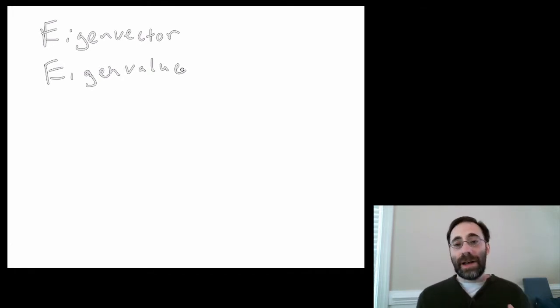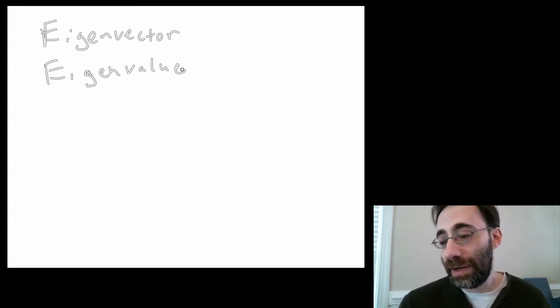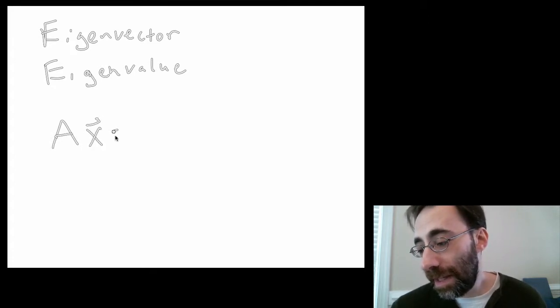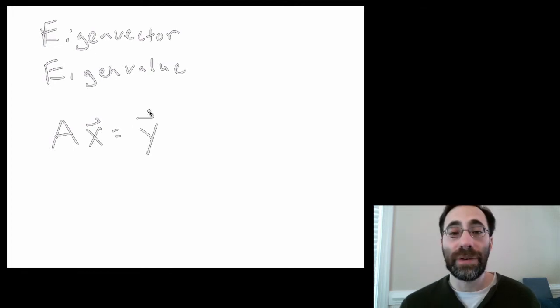Okay. Now, to understand what the intuition is behind these things, we have to sort of imagine what matrices are used for in general. So recall that a matrix can represent an operator that takes some vector into another vector. So here in general, you might have some matrix A that takes some vector x and transforms it into a different vector y.